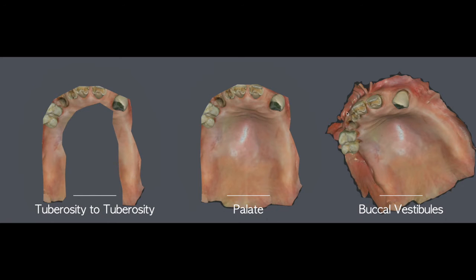When you scan the anterior portion, make sure you scan the teeth or center of the arch first and then rotate to scan the vestibule, and continue on to the other side of the buccal vestibule. And that's how you scan the maxillary partial or fully edentulous arch.